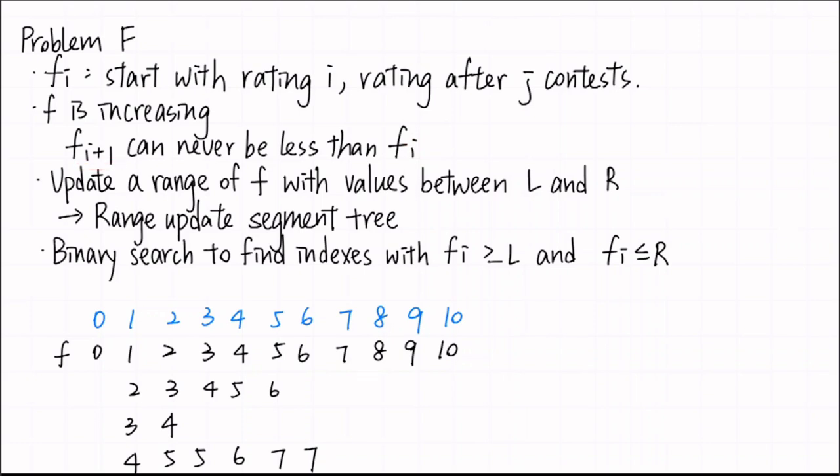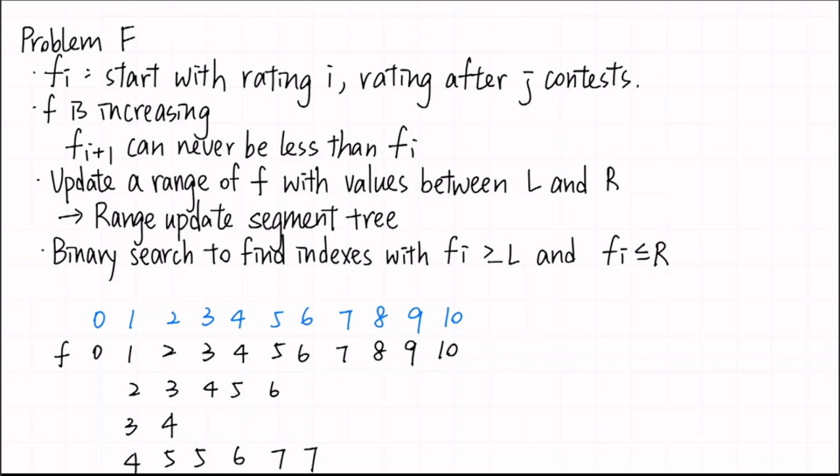And so for each contest, we need to update a range of f that has values between L and R. Since we need to update a range quickly, we can use a range update segment tree, so a lazy update segment tree.